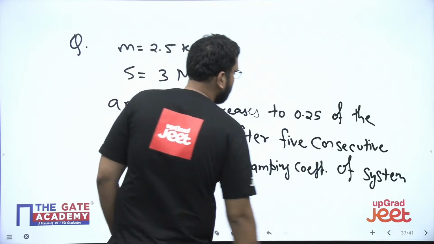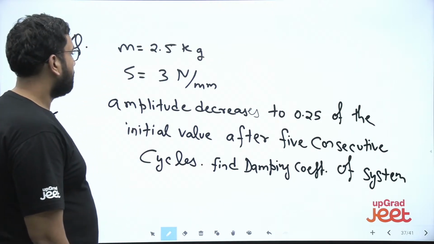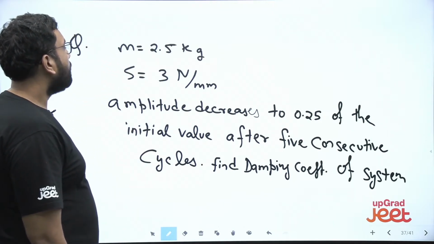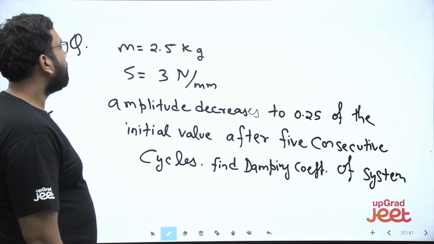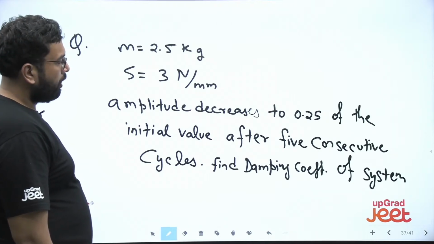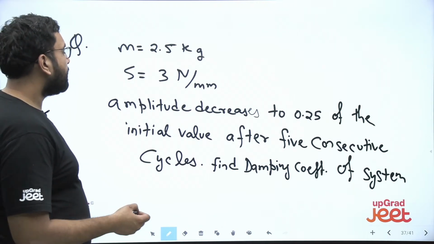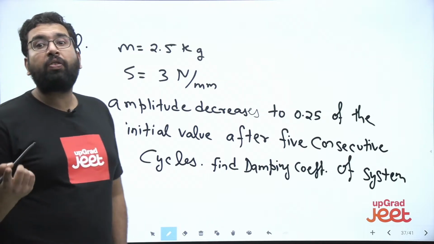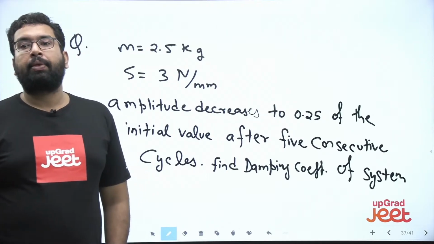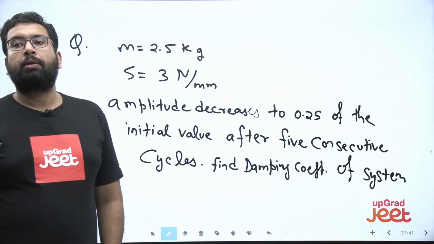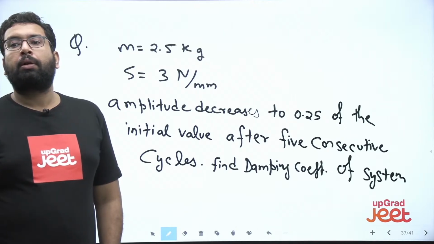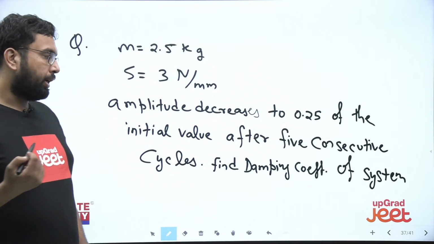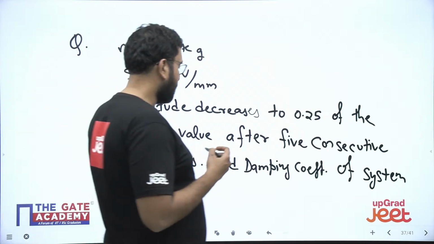So what is given here? Amplitude decreases to 0.25 of the initial value after 5 consecutive cycles.